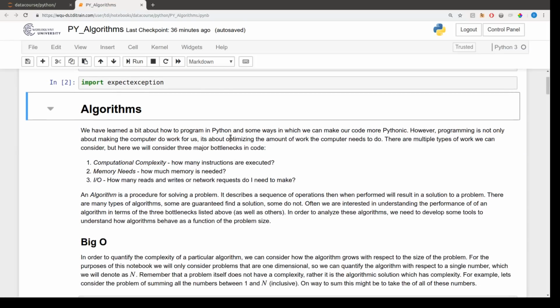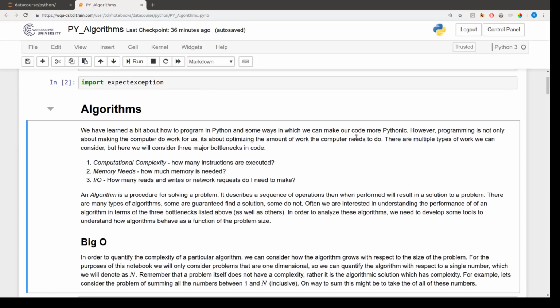And as we're writing code and implementing an algorithm, we'll want to consider several different questions related to the resources that we use to compute the solution to our problem.